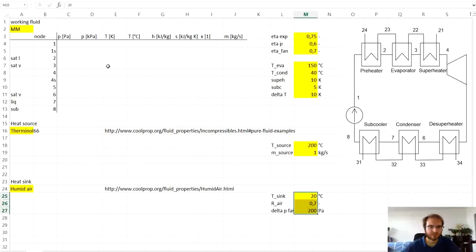So let's put in the first values from the boundary conditions, which are the evaporation temperature, which is the temperature at point 2, and since it's a single component working fluid, it would also be the same for the temperature at point 3.